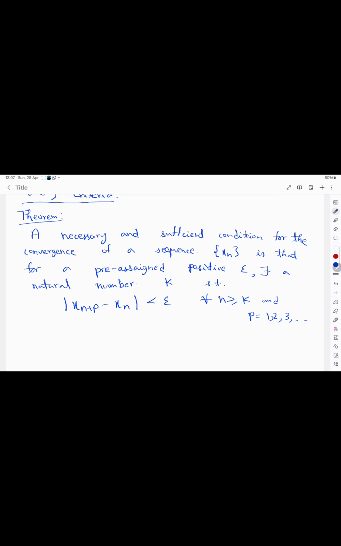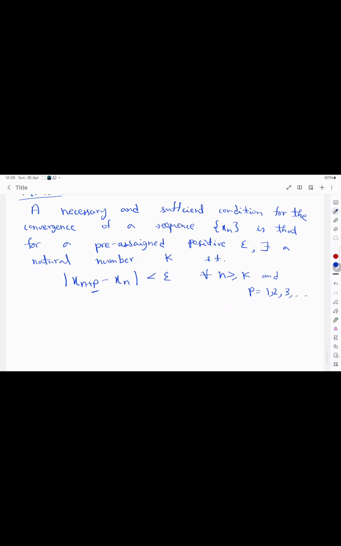Okay, so basically for any epsilon there will be some k for which you can choose p accordingly. So you can say |x n plus 1 minus xn| is less than epsilon, or |x n plus 2 minus xn| is less than epsilon, in such a way. This necessary and sufficient means if and only if. So your sequence xn is convergent if and only if you have this result.